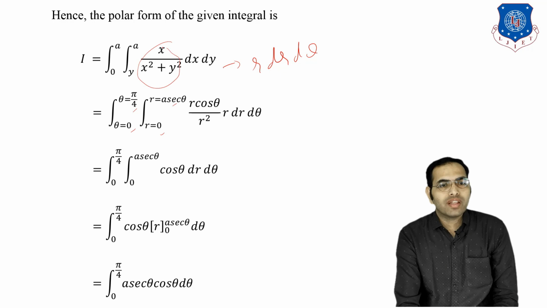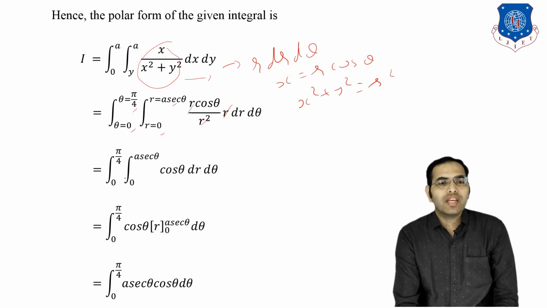Now converting the integrand, replace x by r cos theta and x square plus y square by r square. Then r square cancels out, and our integral becomes integral from 0 to pi by 4, integral from 0 to a sec theta, of cos theta dr d theta.